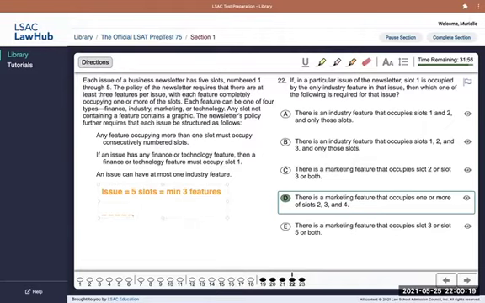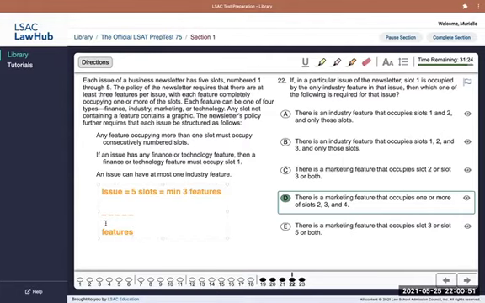I would try to think about it on paper as much as possible and just think that I have 5 pieces of paper in front of me, and the features are going to be the featured stories for this particular newsletter. And so those featured stories are going to be contained on one or more of the pages. And then the features are different types of features.